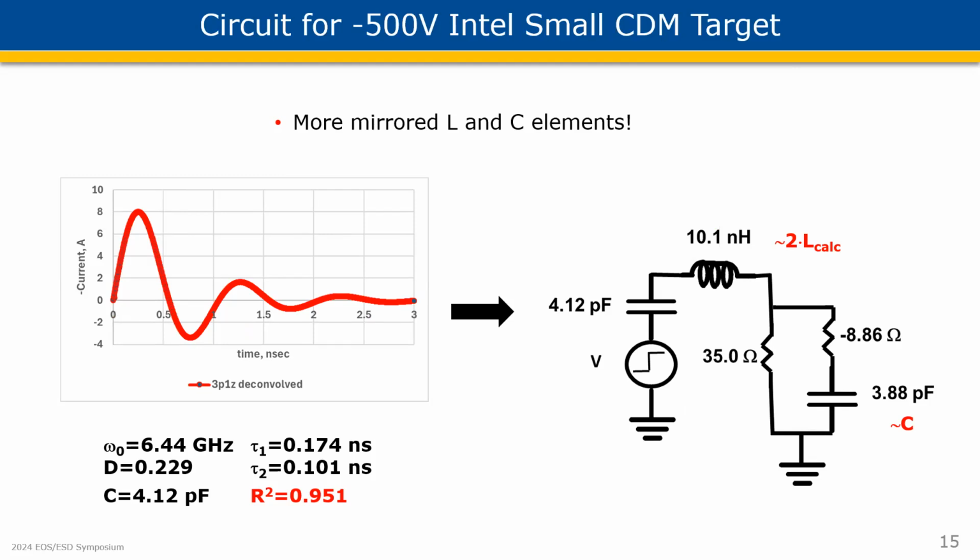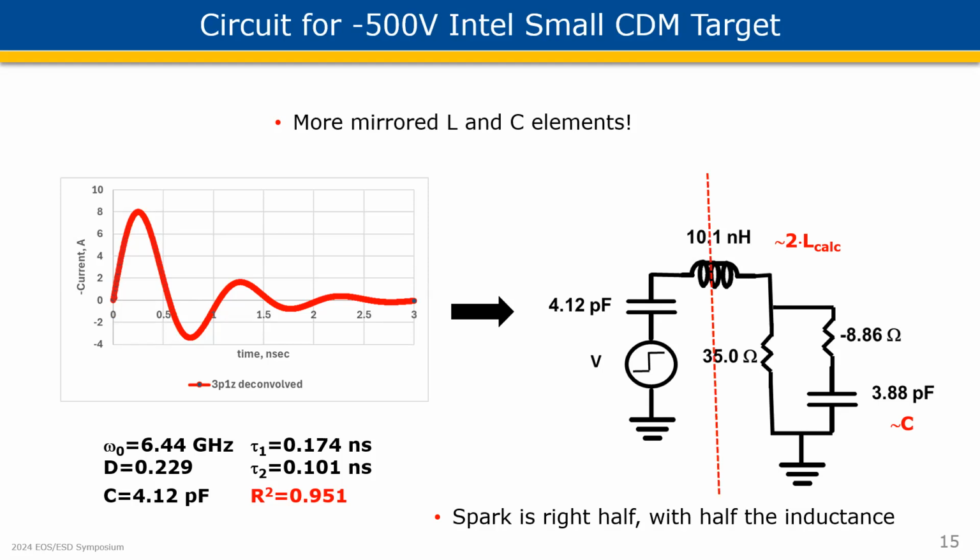But again, we have about the same inductance as expected from the identical probe and fixture situation, but this smaller capacitance for the small target is now mirrored again in the spark plasma, and we're back to a negative resistance in the outer loop, but with a positive resistance that damps everything out as expected. So these patterns are quite consistent in what we've looked at. And let's put a partition through the middle of this circuit just to make sure you realize that the right half over there is the spark model.